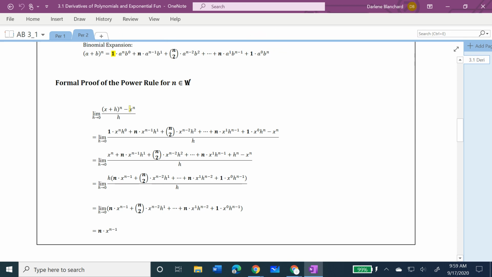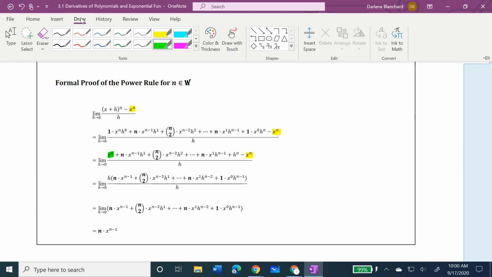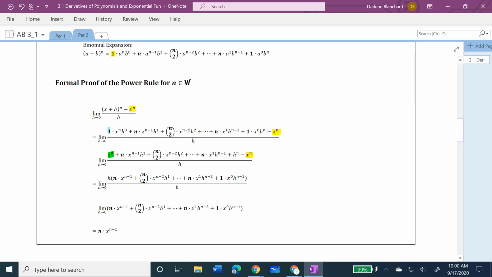So I'm highlighting this minus f of x right over here is going to end up canceling with the front runner of my binomial expansion. And my binomial expansion being all of this right here.